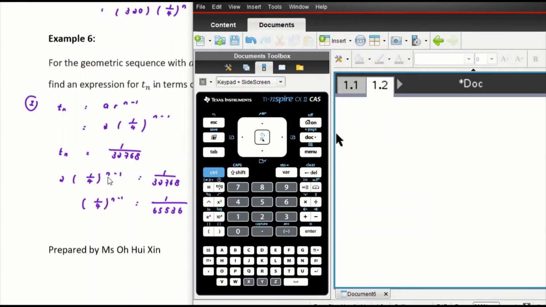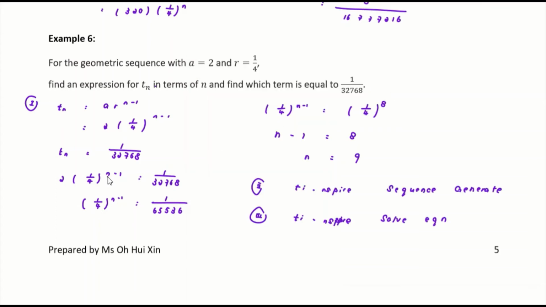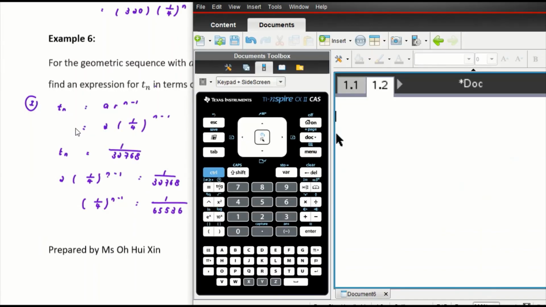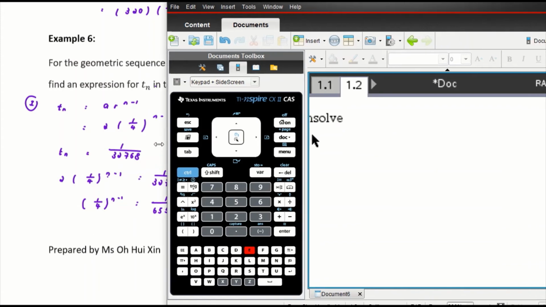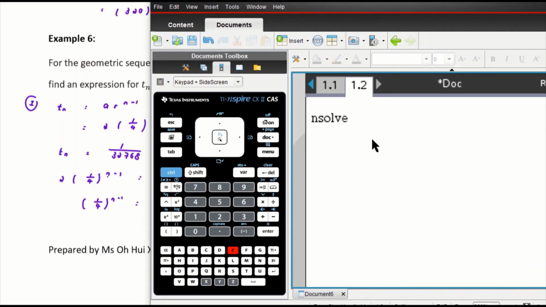So how can you solve it in your calculator? You just press solve. Let me try to open it a bit bigger. Yeah, solve. Then you open your bracket, then you type in whatever is here. So 2, 1 over 4, right?